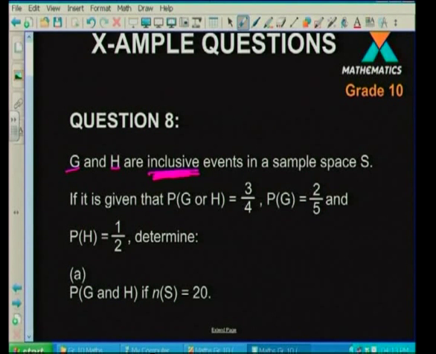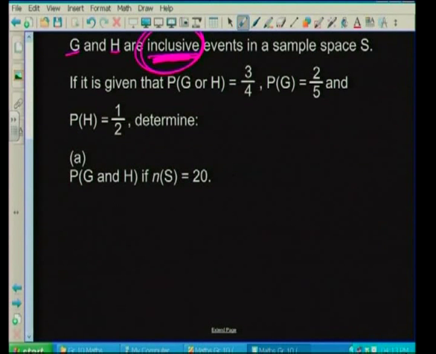Now, to start off with, you have to look at the fact that we are told that these are inclusive events, and I'm going to write down what we know for events that are inclusive.